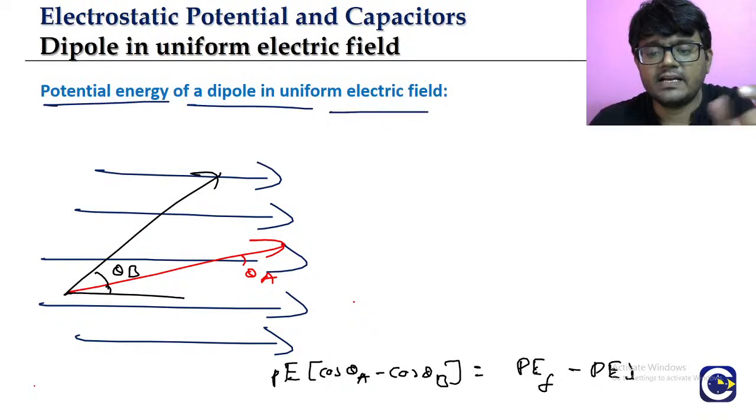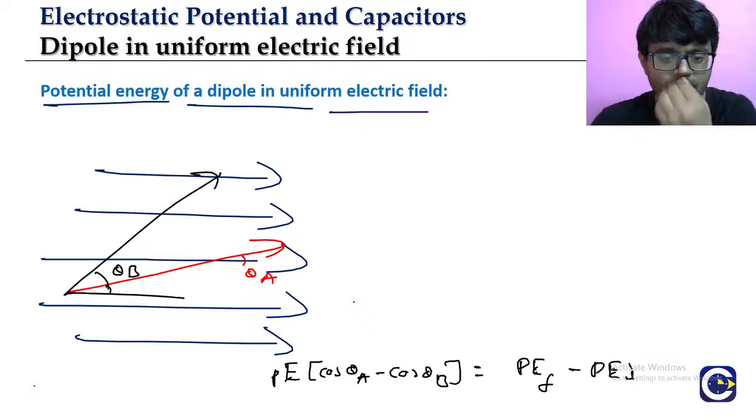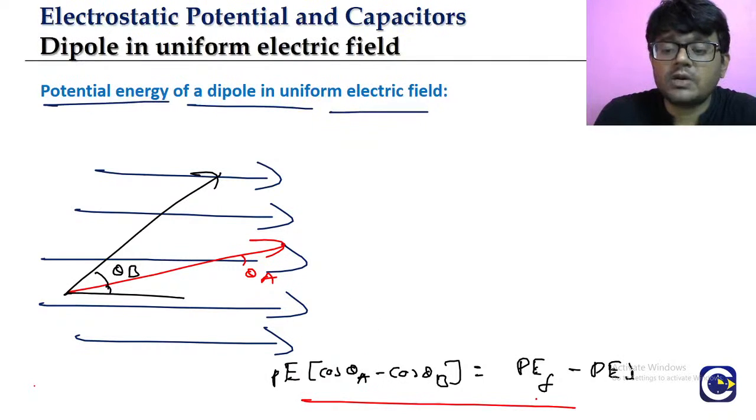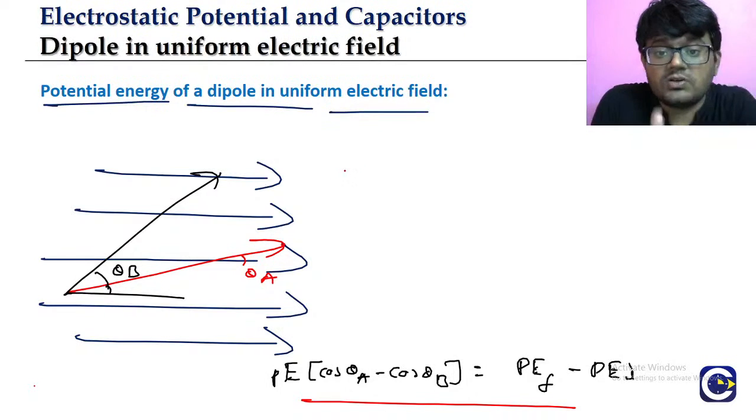How is it related? Because the work done by the external torque is equal to the change in potential energy. Whenever we look at any potential energy concept, we always get a change in potential energy, not the absolute value. Even when we talk about the gravitational potential energy concept or the electrostatic potential energy concept.